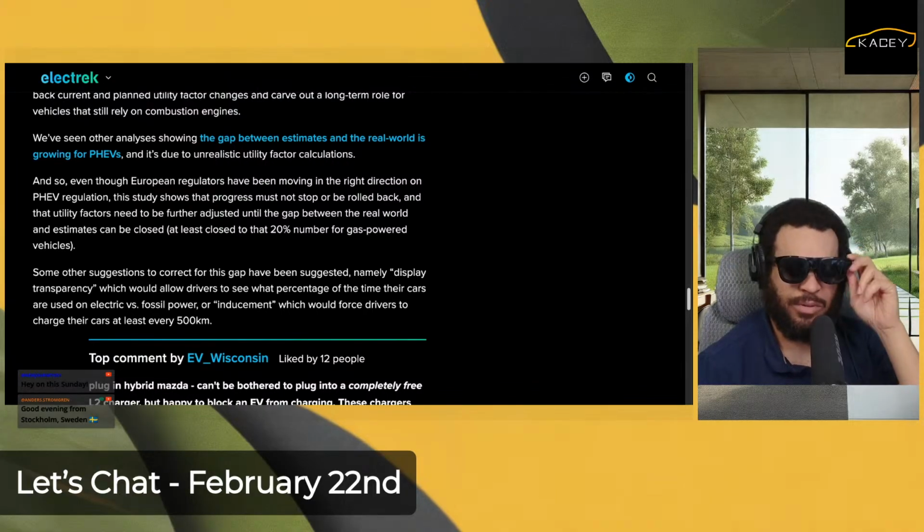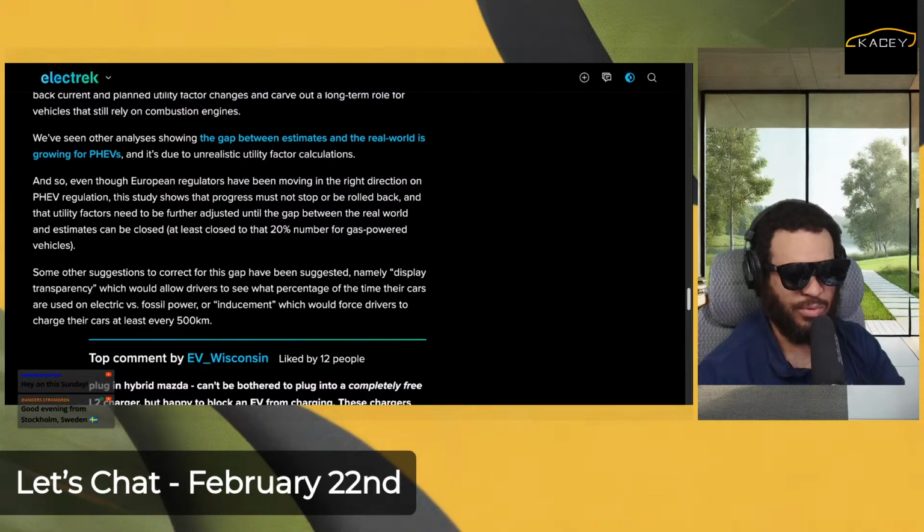I would say on a PHEV, if you're going to force the drivers to charge their cars, the same way that you force them to run the engine if they're not doing that, 500 is quite short. Maybe 1,000 kilometers or 1,500 kilometers. Because the time you're not going to charge is on a trip.